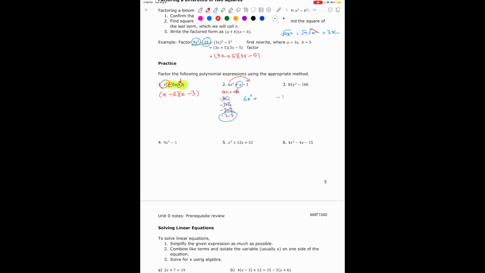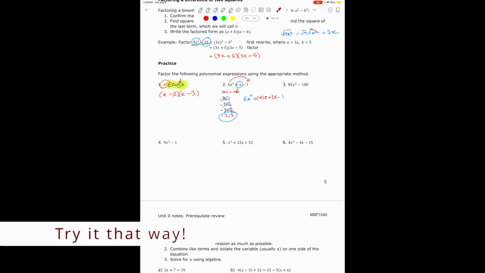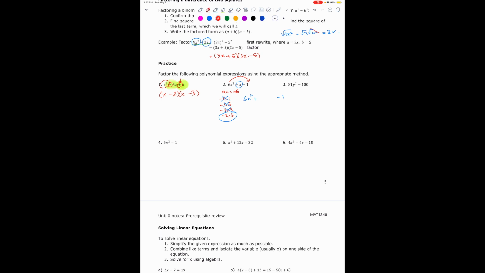If I choose negative 2x here and then plus 3x right there, that probably would work. I'm not very comfortable with this choice, so let me switch it around. So instead of that option, I will go with plus 3x minus 2x instead.